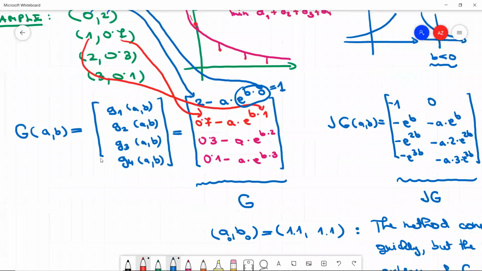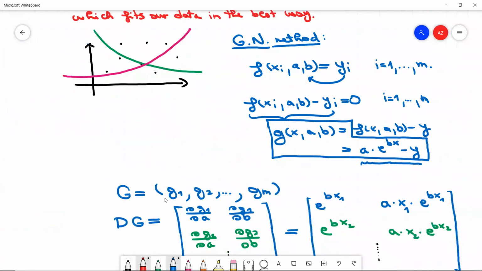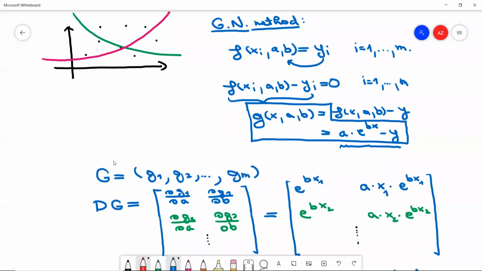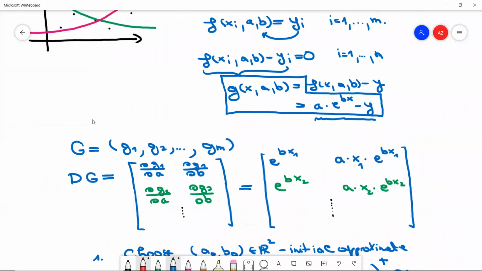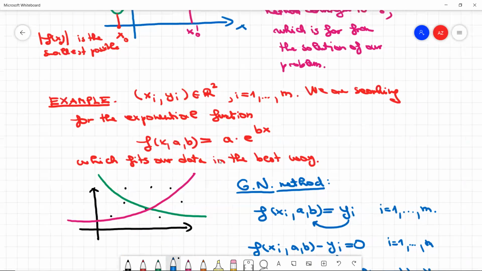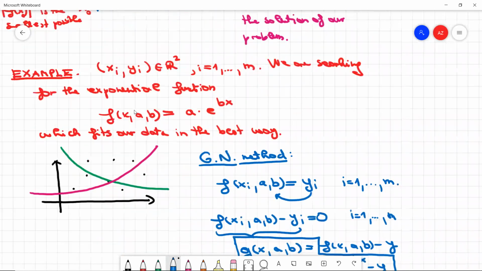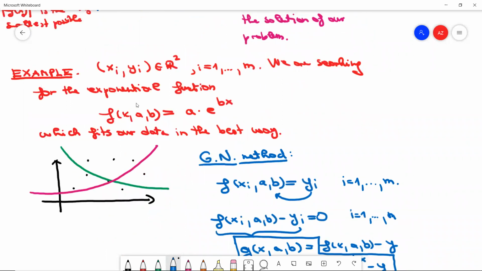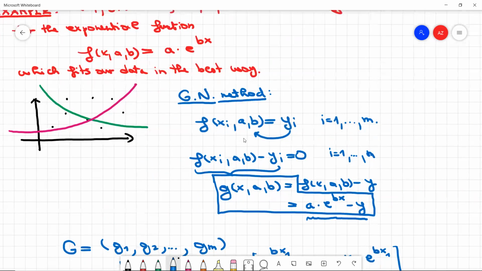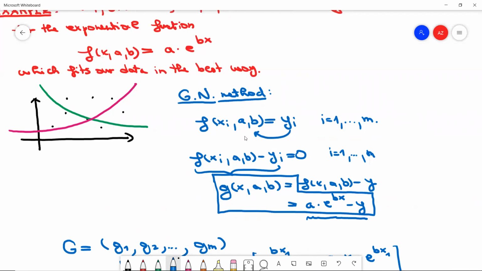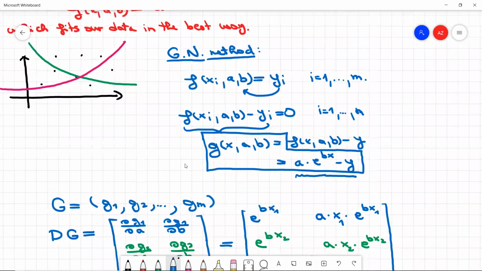So we have here our G. So we have these points, we have this fitting function. We would like to solve this system. We put everything on one side, and then we are searching for the solution of the system with component functions G1.